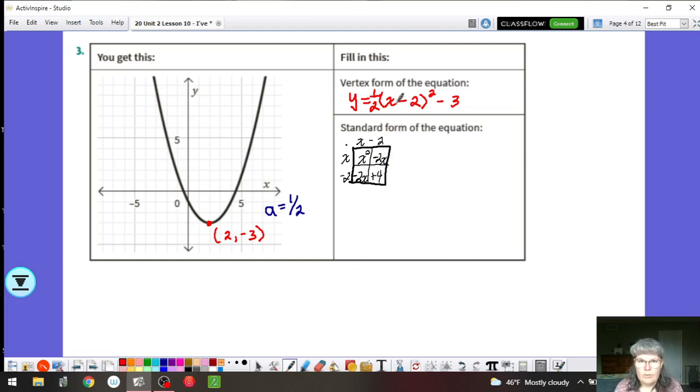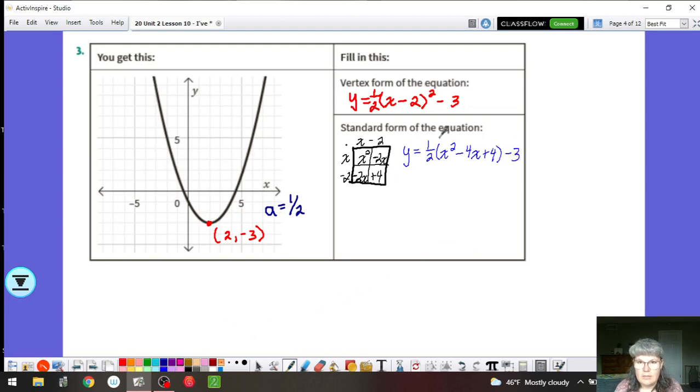So now that I've multiplied the x minus 2 squared, I can start writing closer to a standard form. Y equals 1/2 times x squared minus 2x, -2x subtract 2x is a -4x, plus 4, and then we still have the subtract 3.